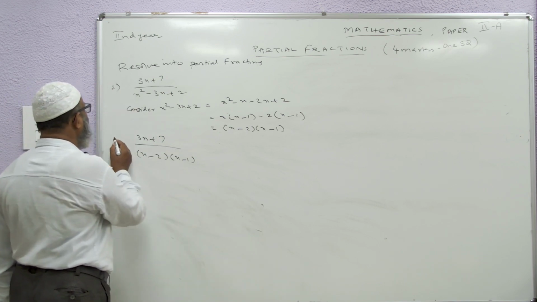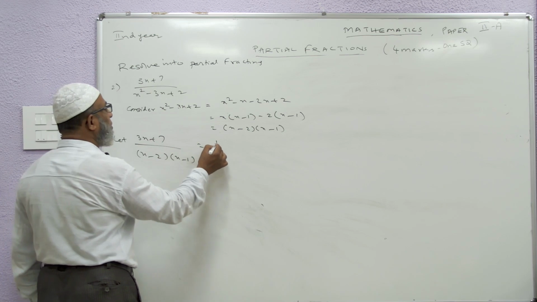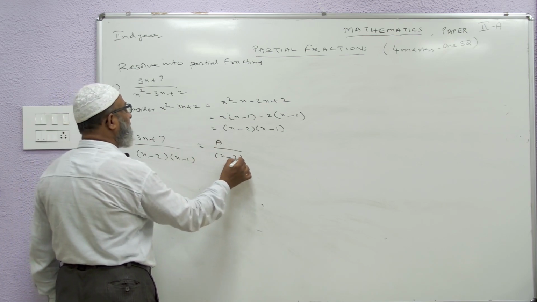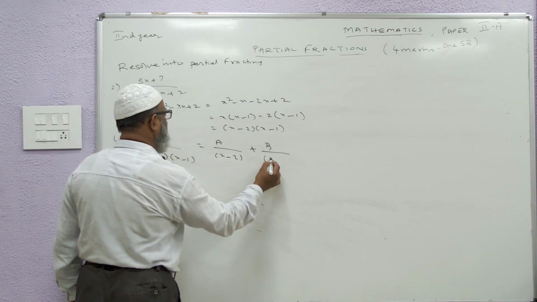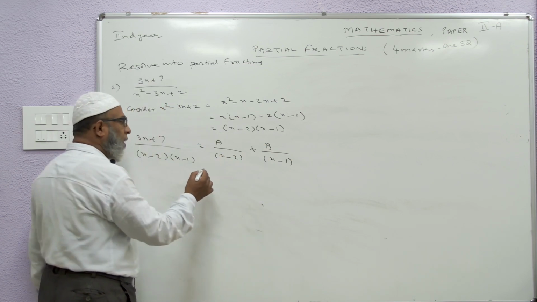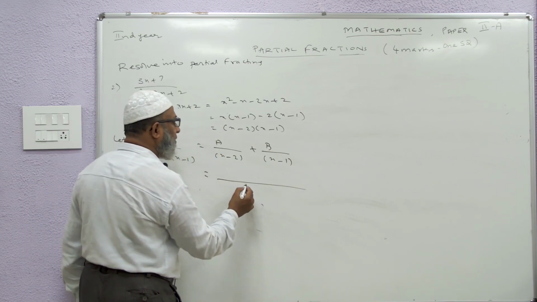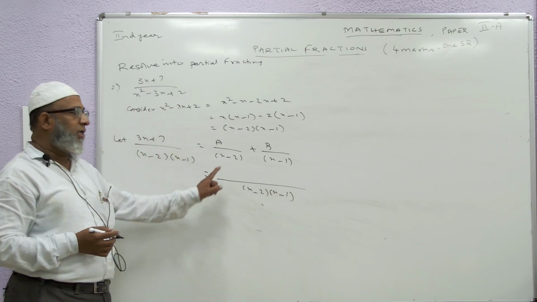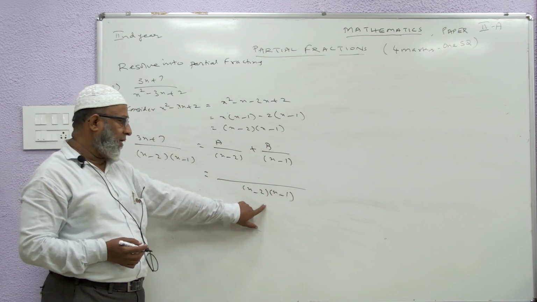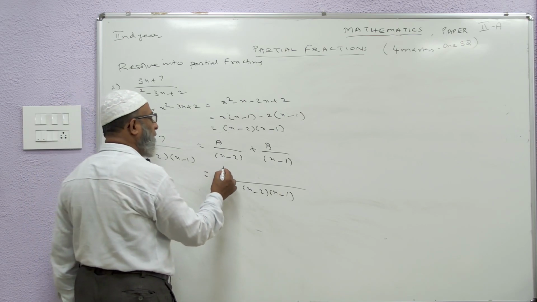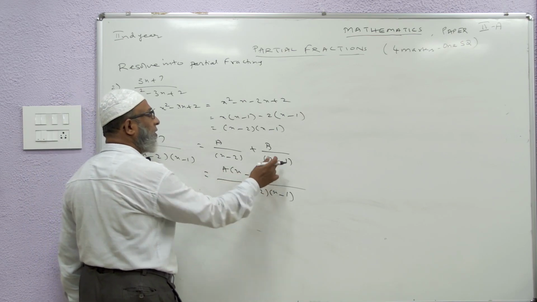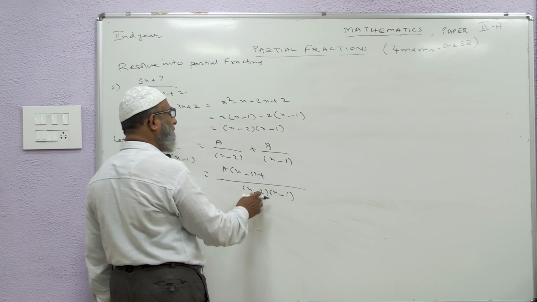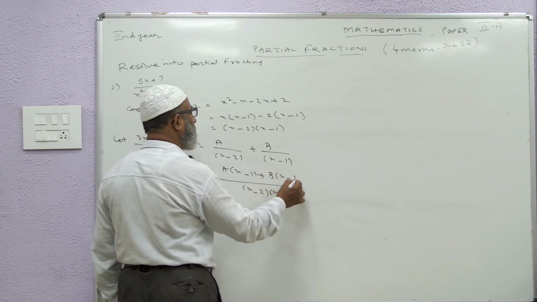The substitution will be again: let this be equal to a/(x - 2) + b/(x - 1). On taking LCM, what did I get? (x - 2)(x - 1). If I divide this, I am remaining with x - 1, so a into (x - 1). If I divide this, x - 1 cancels, b into (x - 2).